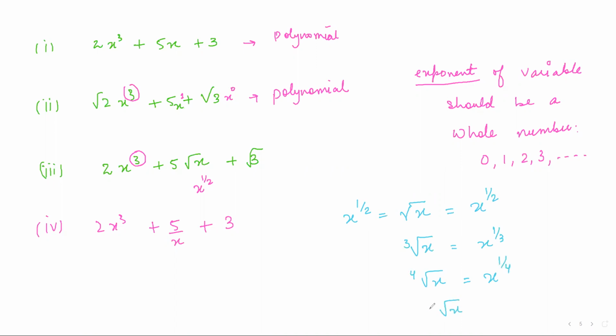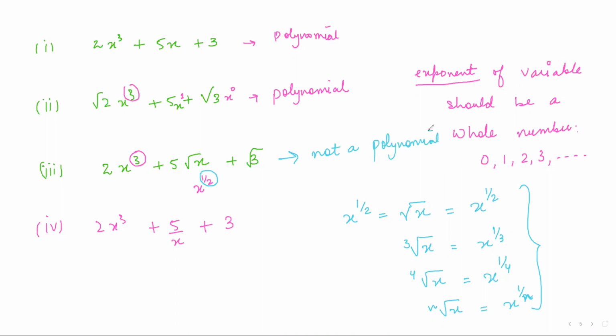If you have the nth root of x, it will be x to the power 1 by n. Understood? Yes. So under root x means x to the power half. Now look at this half. This is not a whole number, isn't it? This is a rational number, but it's not a whole number. So this is not a polynomial.